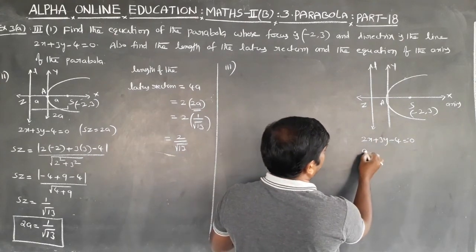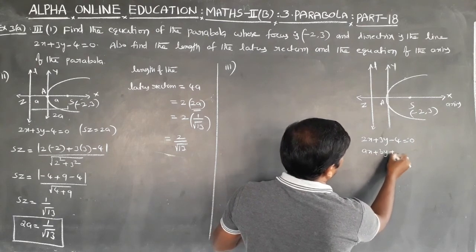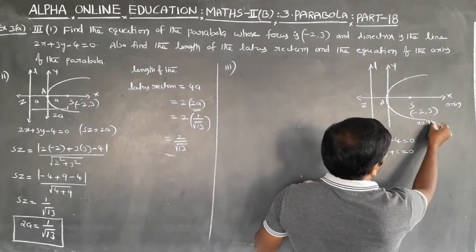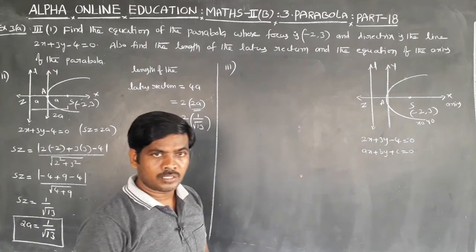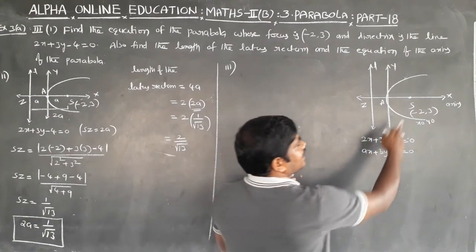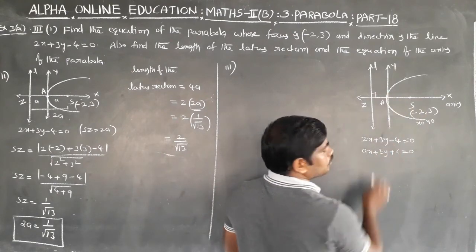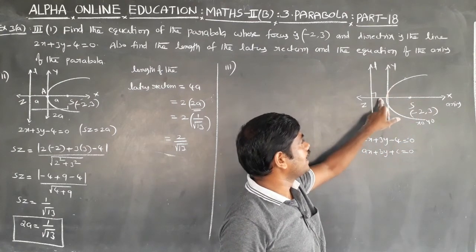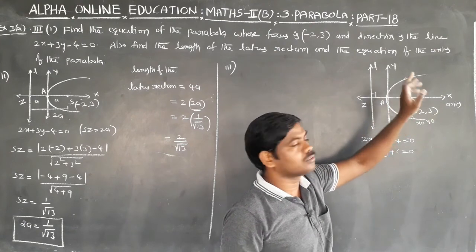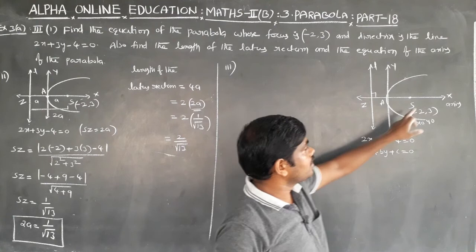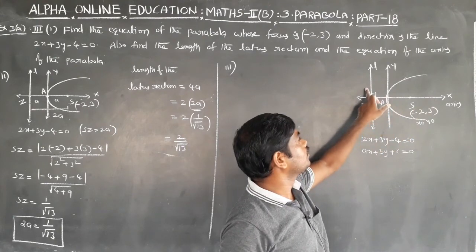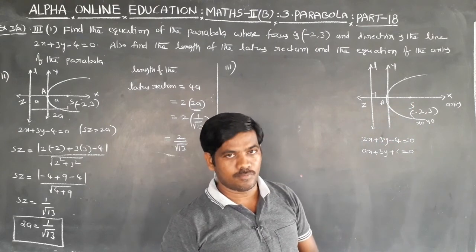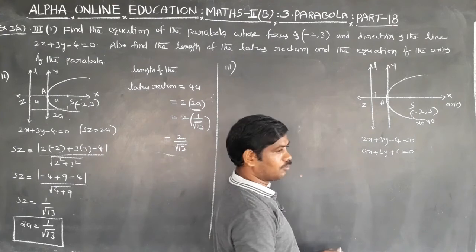Here equation of the directrix is ax plus by plus c is equal to 0. Let the focus be x0, y0. Here the axis is perpendicular to the directrix and passing through the focus.